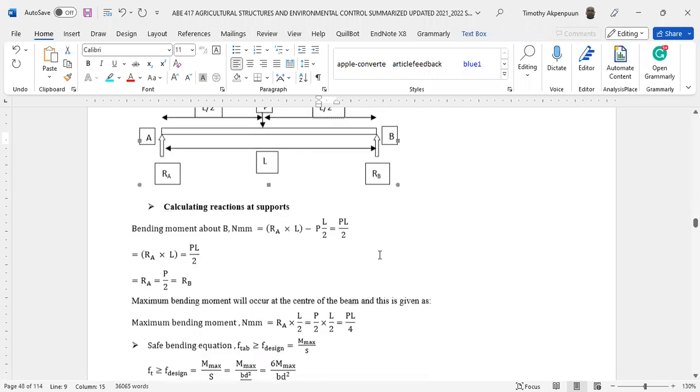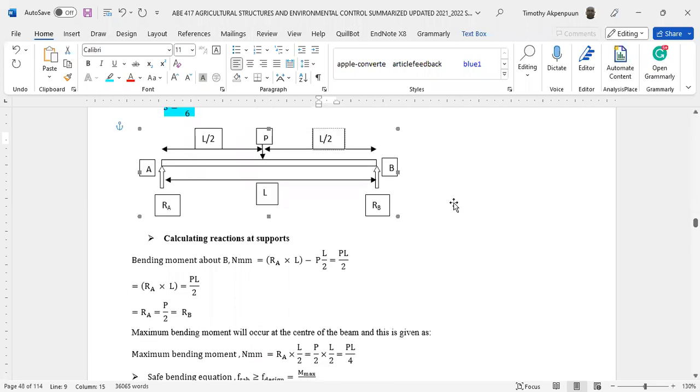Just note, as long as the P is acting at the center, RA and RB are what? Equal. So once you see a question that says the point load acts at the center of a beam, just know that the reactions are equal. Just divide the point load by 2 and you have the reaction. You don't need to stress yourself.